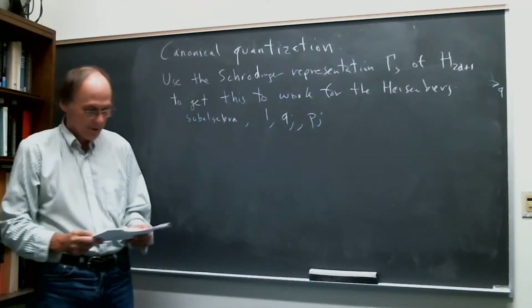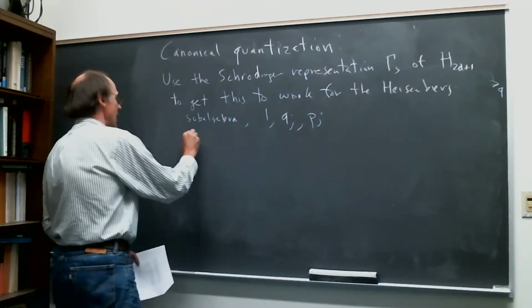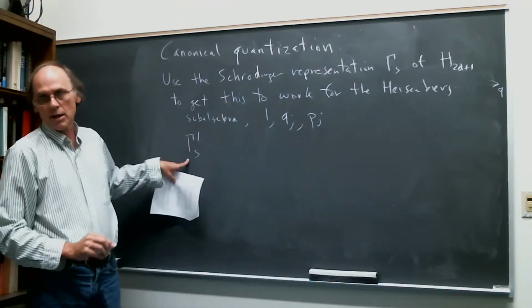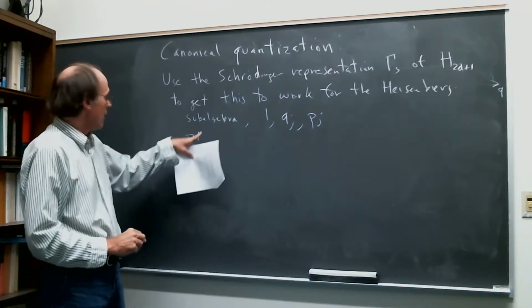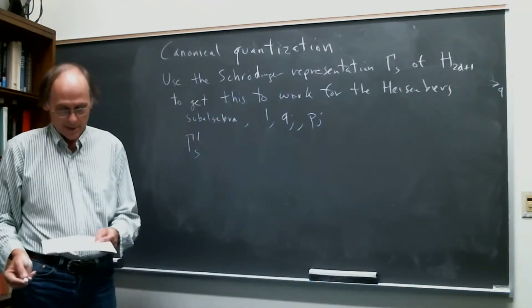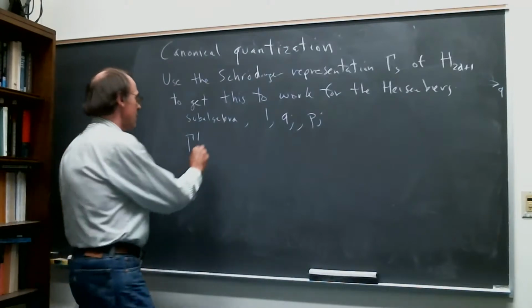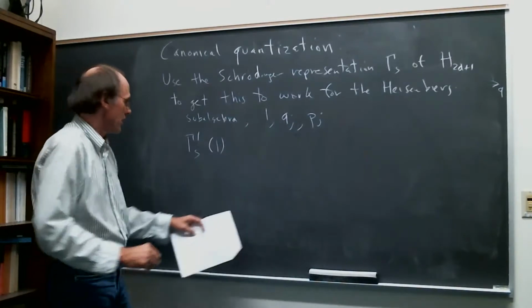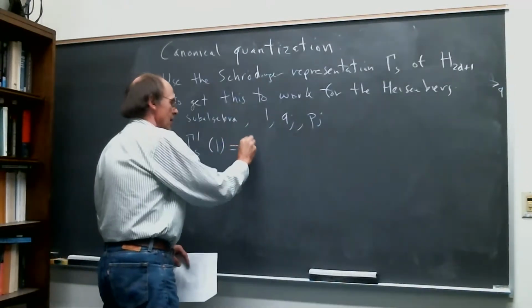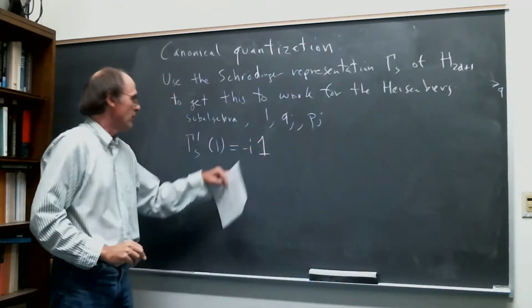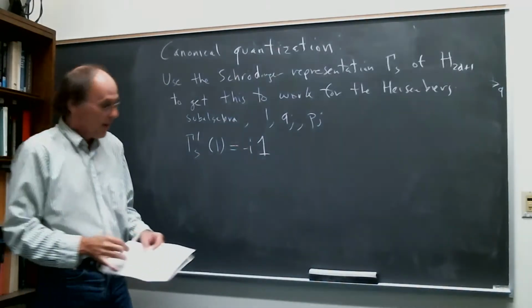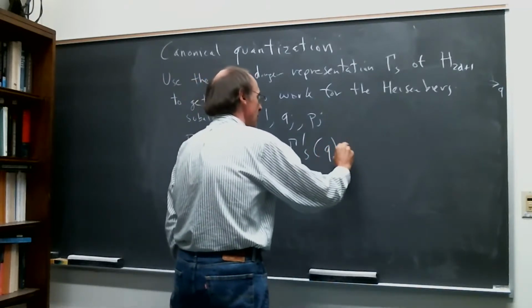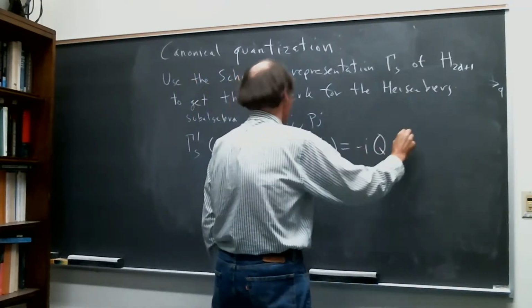I'll write big gamma S for the Schrodinger representation, and gamma prime S for the algebra version. This takes the function 1 to minus I times the identity operator, and gamma prime S of Q is minus I times big Q, and likewise for P, again setting h bar to 1.